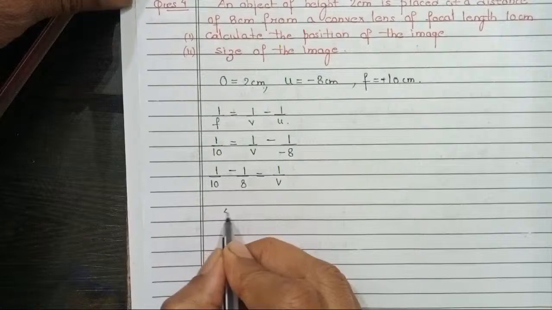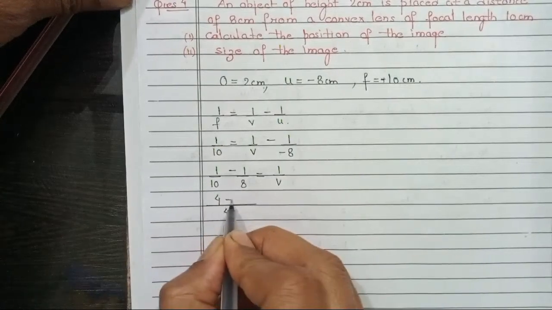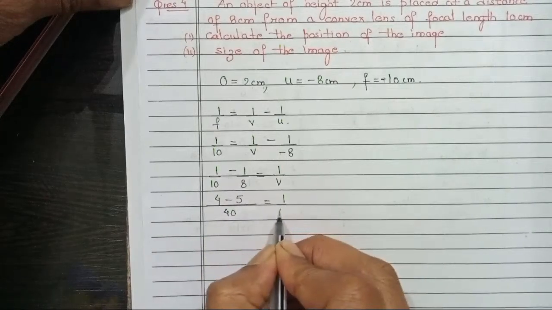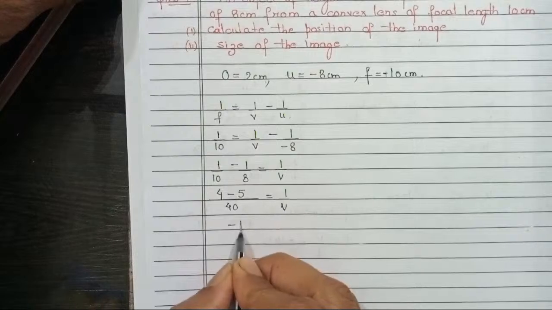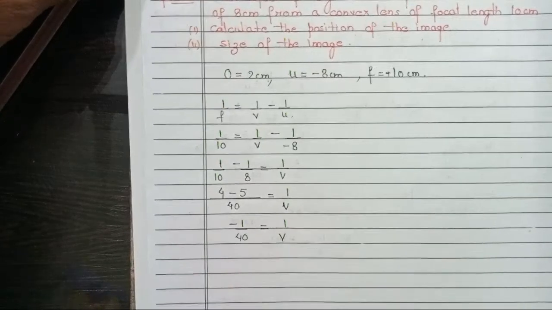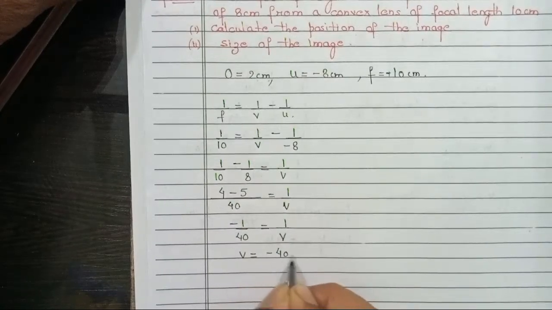So your LCM will be 40. 10 goes 4 times. 8 goes 5 times. So we are getting minus 1 upon 40 is equal to 1 upon V. So from here V is minus 40.